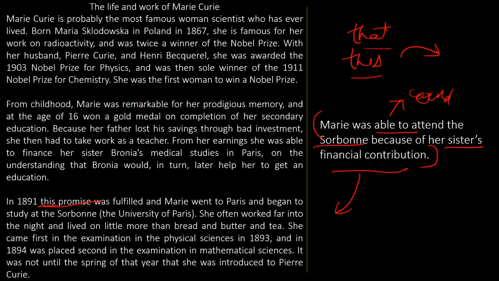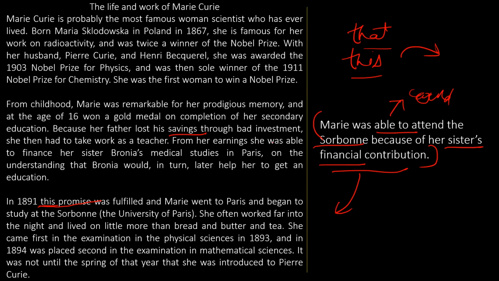From childhood, Mary was remarkable for her prodigious memory and at the age of 16 won a gold medal on completion of her secondary education because her father lost his savings. Savings, we get a connection with financial contribution. Keep going. Through bad investment, she then had to take work as a teacher. Not information for us because we never have to talk about the teacher.